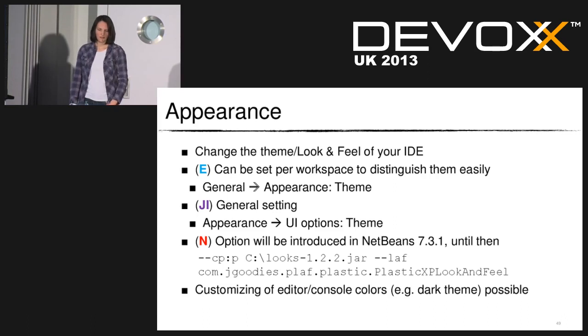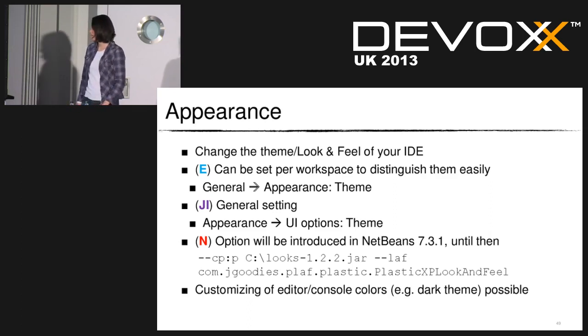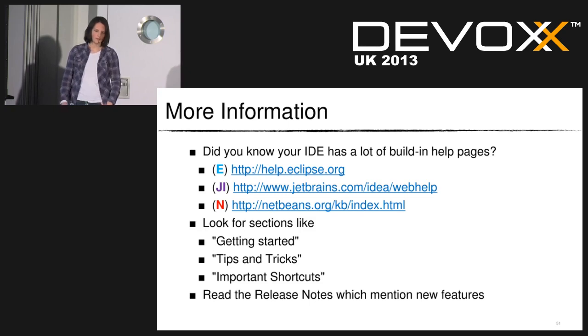There is also another bunch of themes available, so what you can also do if we start up multiple instances, you can give each of the instances a different color, so it's easier to distinguish them. This is the same for IntelliJ, and NetBeans currently doesn't have this option now, but it will be introduced in the next minor release. For now, you have to go with applying the look and feel yourself.